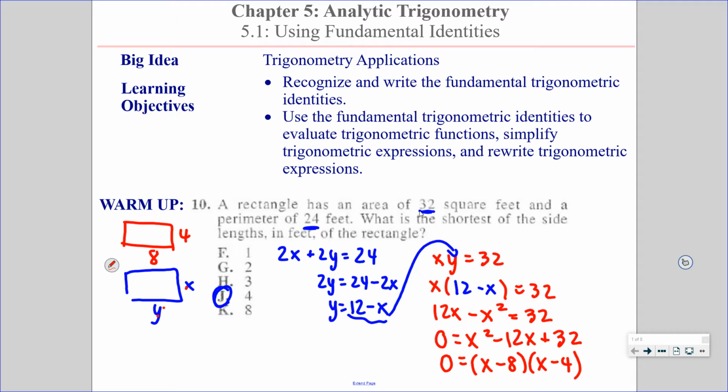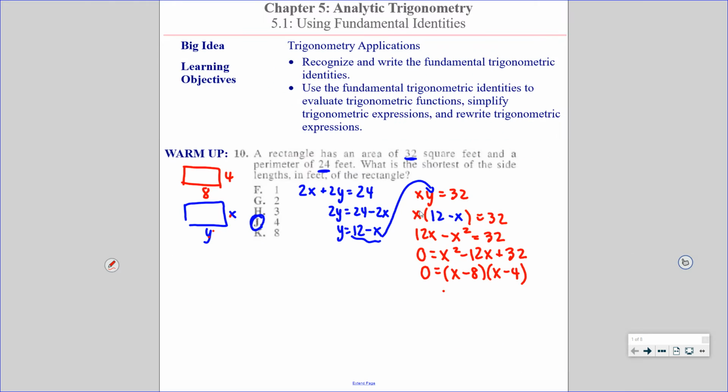So the shortest, in either case, would be 4. I like this one because you could definitely think of all of these possible lengths and how they'd form an area of 32. And some of them obviously don't have the correct perimeter. So you could also do this really quick by guessing and checking, and that's A-okay to do on the ACT.